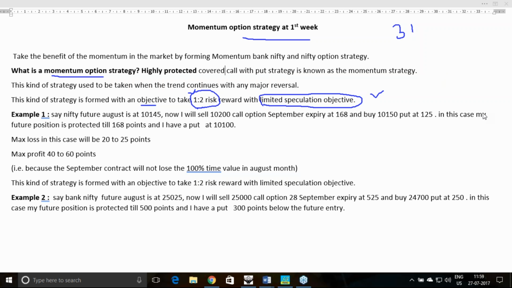So what is the momentum option strategy? This is a very common term, and many people will tell you about momentum option strategies. These are the strategies you normally form when you identify the trend is continuing without any major reversal.